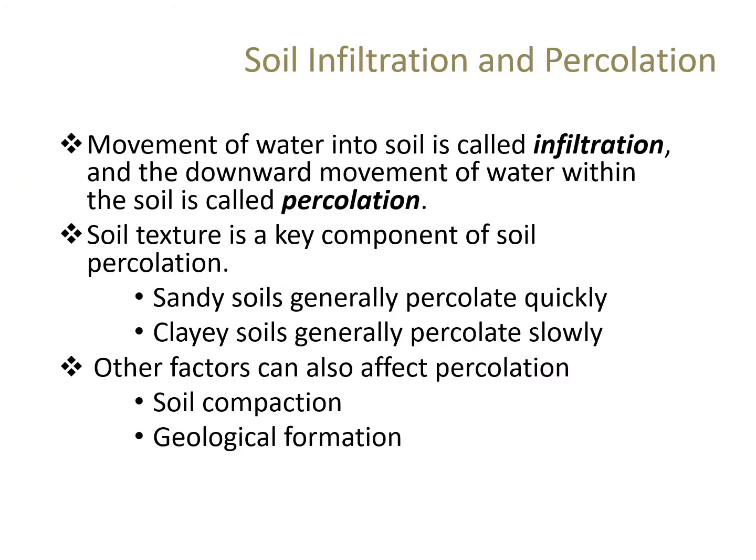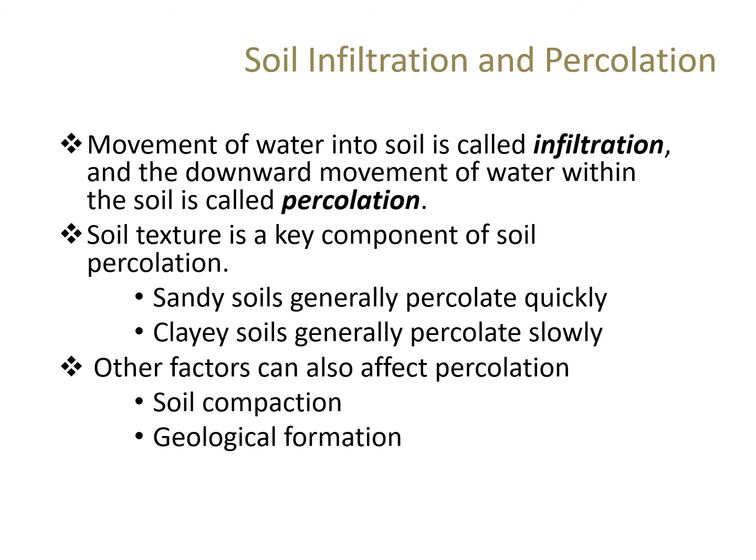We want water to infiltrate and percolate into our soil, and soil texture and compaction are key components of letting them do that. Sandy soils generally percolate water quickly. Clayey soils generally percolate very slow. You can also have geological formations that interfere with percolation.